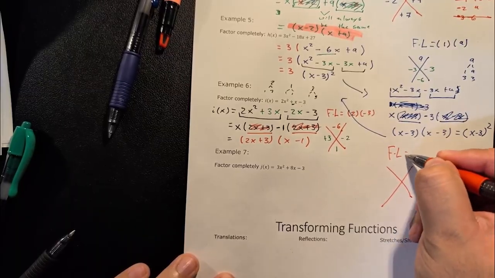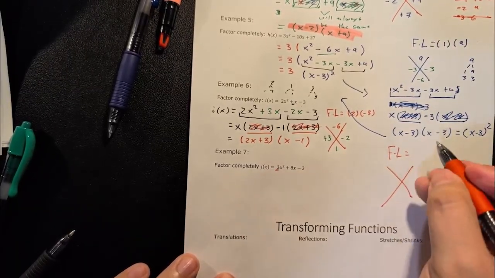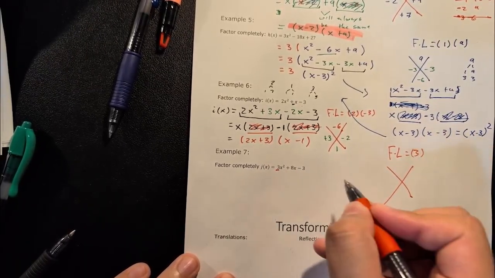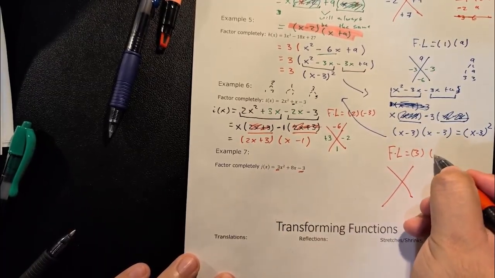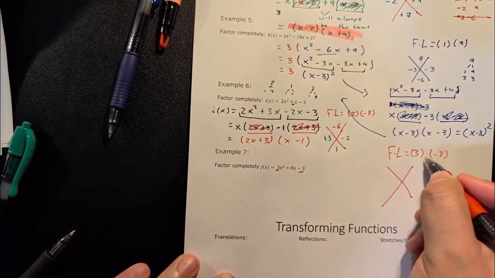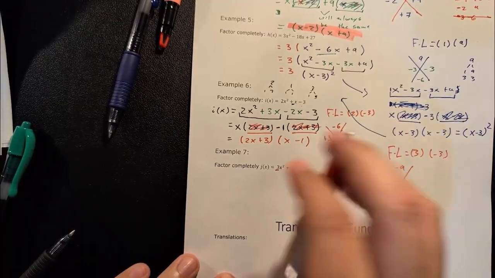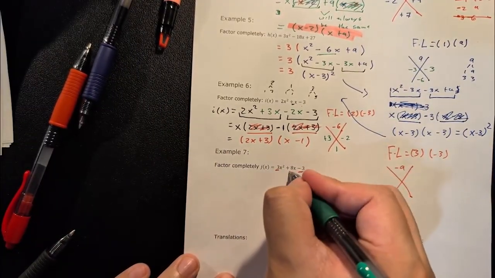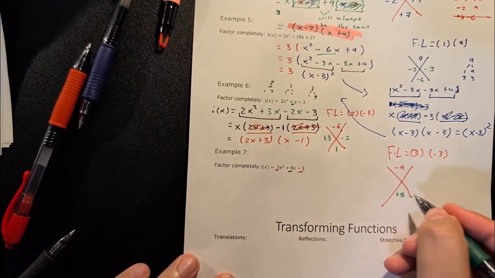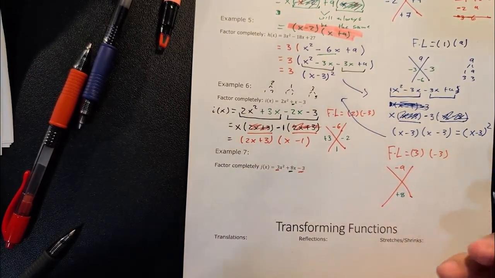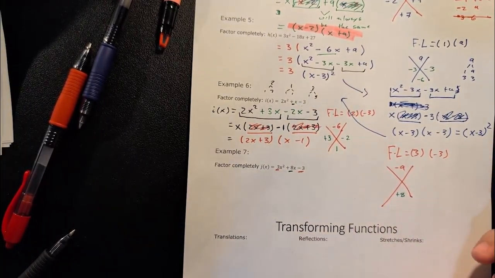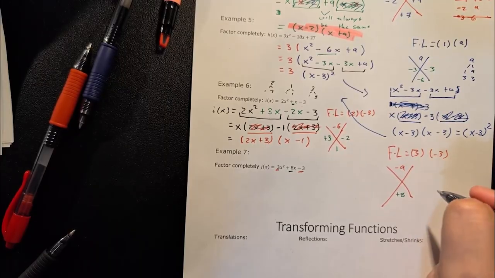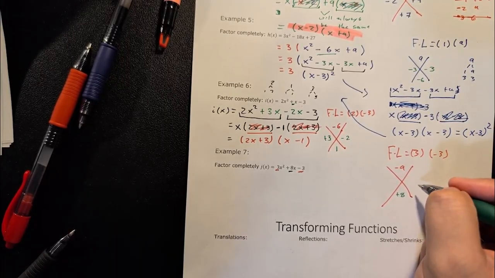First times last. The first is a 3. The last is a -3. So 3 times -3 is -9, and we have a +8. So +8 goes up here, -9 down here. Let's see. After some work, we could try different numbers.